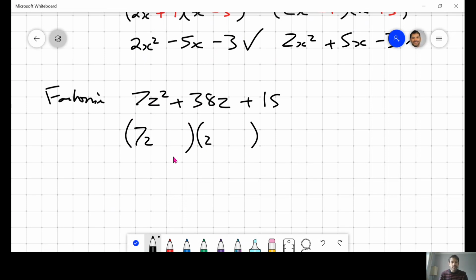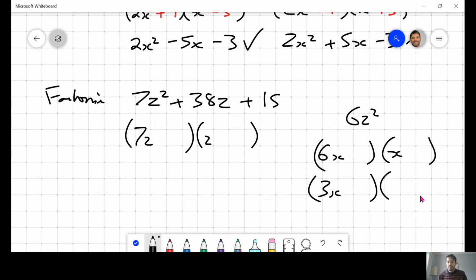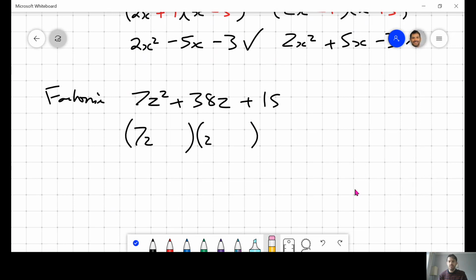The thing is, if this is not prime, say it was 6z squared, then we could have 6x and x, or we could have 3x and 2x. So you just have lots more combinations to try, trial and error.